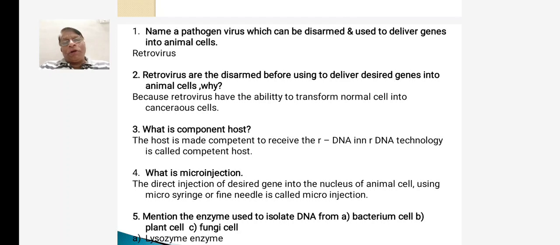Next, very important for the examination, what is microinjection? We may expect in the examination.